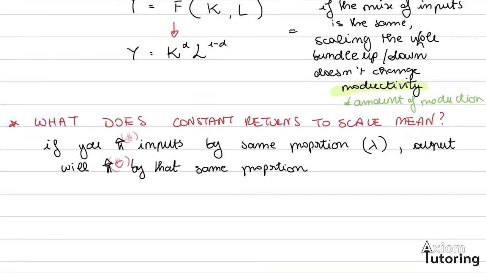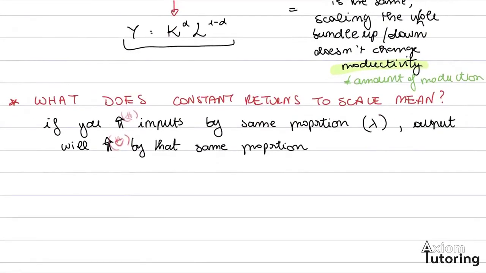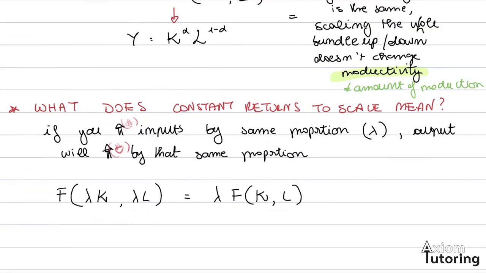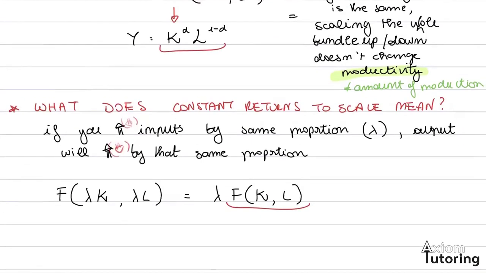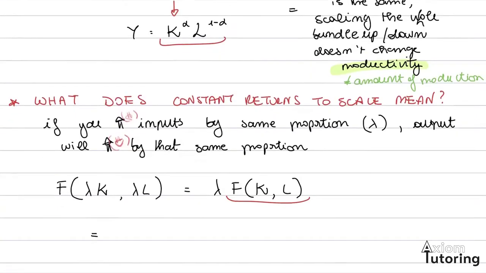So what we need to show is that our Cobb-Douglas function satisfies the fact that if its inputs are scaled by lambda, we are going to obtain lambda times the original amount of output that we had. If this was our original amount of output, let's now scale every factor, so both K and L, by lambda.